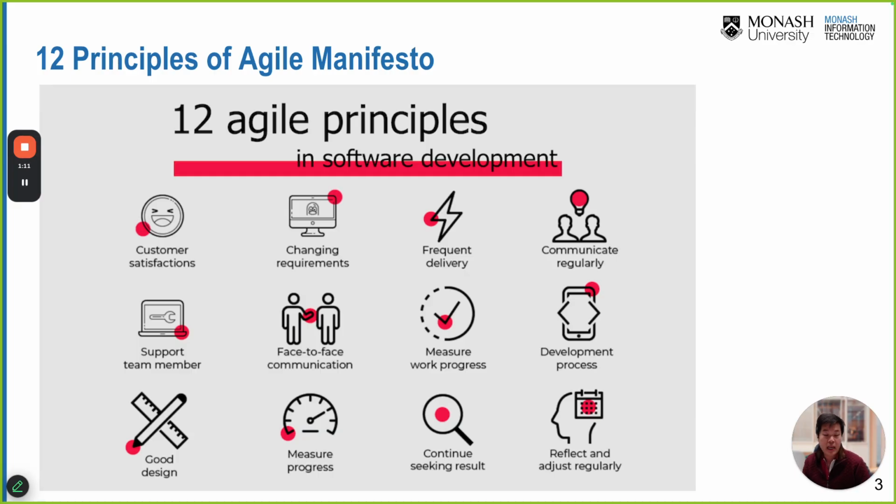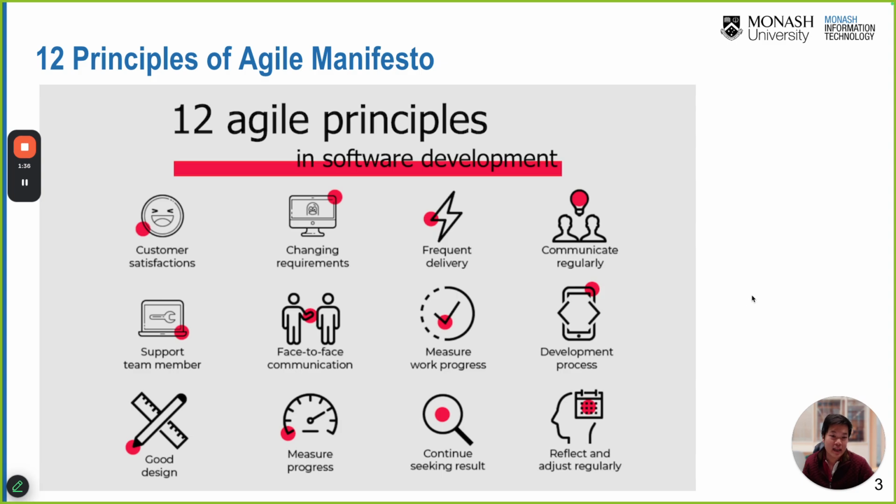Second, we adapt to changing requirements. We embrace it. If the customer wants to change the requirements and we don't accept it, it's not the agile process. We focus on frequent delivery. The key point is that for each sprint, do you actually deliver working deliverables? That's frequent delivery.